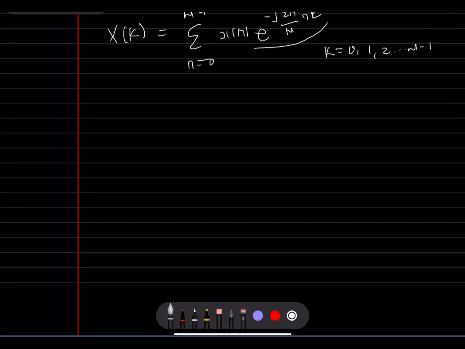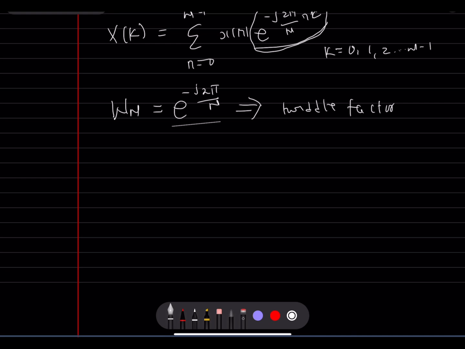Looking at what you are seeing here, we are using omega N to be equal to exponent negative j 2 pi over N. This particular exponential function term is what we call the Twiddle factor. This exponential term out of the total term is what we call the Twiddle factor.